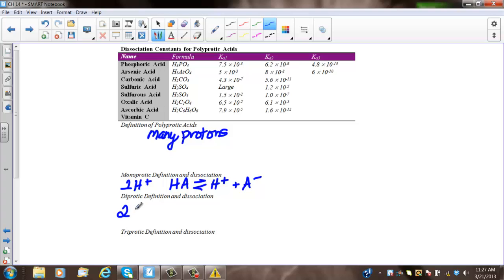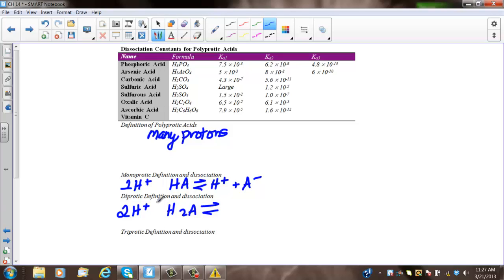A diprotic acid has 2 protons. So if you think about something that's got 2 protons, it's going to have the form H2A. Your anion had a negative 2 charge, your proton had a positive 1 charge. When you dropped and crossed, you got H2A. Now when this dissociates, you can only remove 1 H at a time.